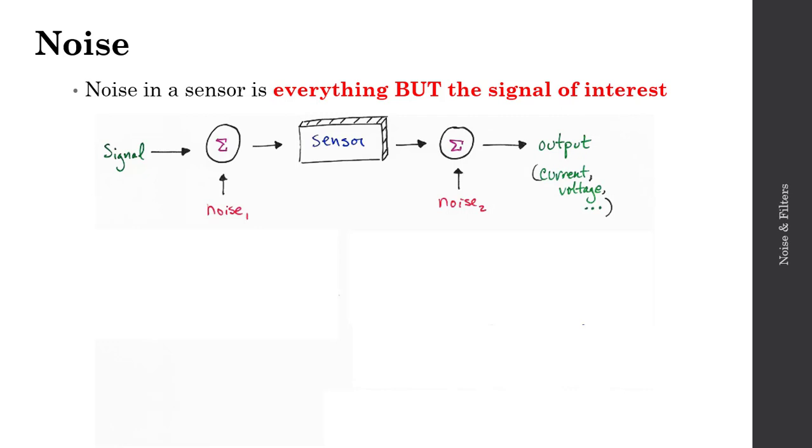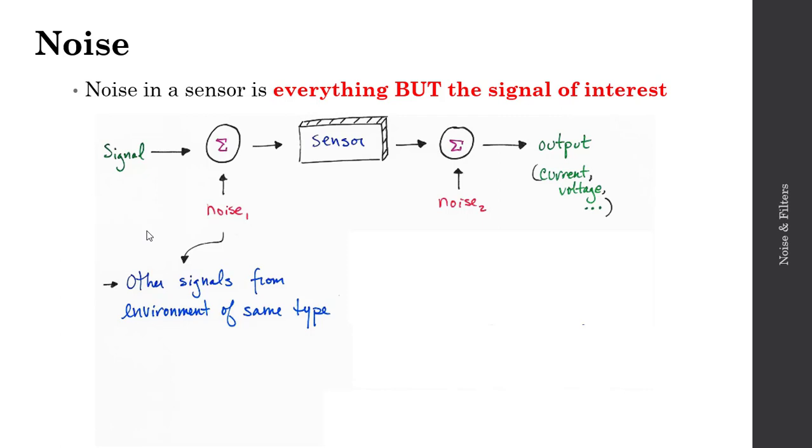So let's take a look at this first noise source then. This is coming into my sensor along with the signal, so it should have the same units. This first noise source is typically due to things that are going on in the environment in which the sensor is operating. For example, let's consider we have an accelerometer and we're using this in the lab, and the lab happens to be on the first floor of a building right next to a busy highway, right?